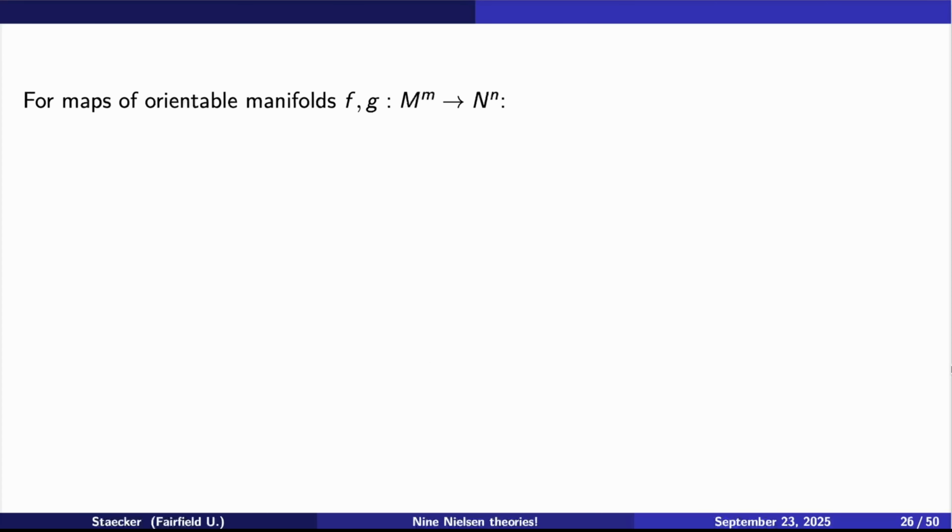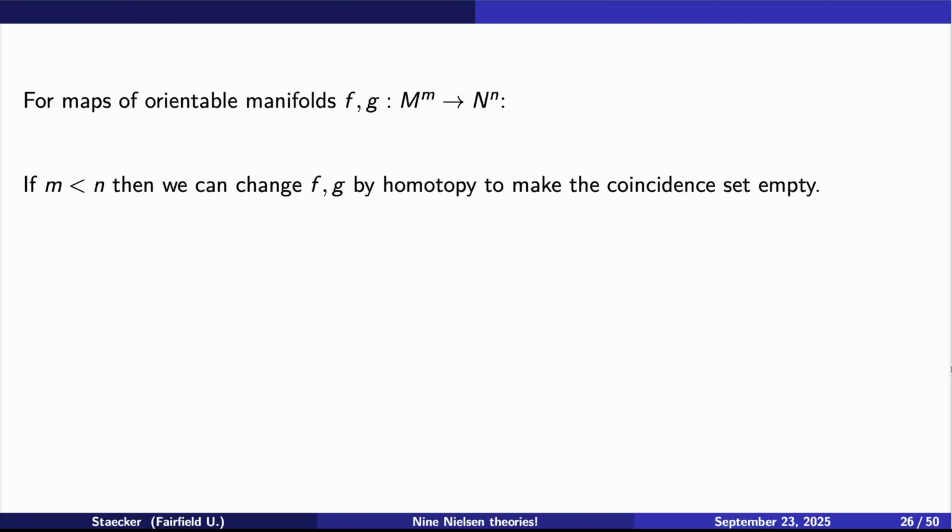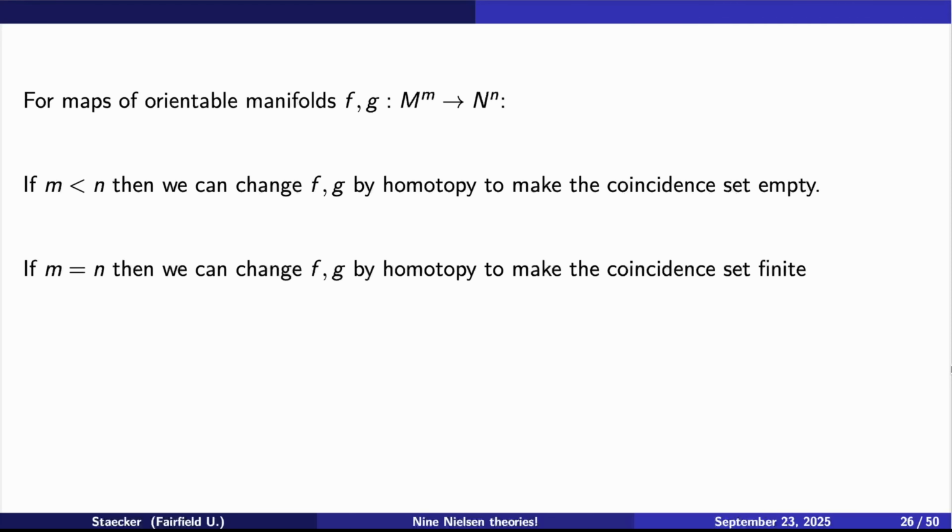Anyway, in general, if we have maps of orientable manifolds, orientability is actually necessary in order to define the index in a consistent way. But if we have some domain dimension and some codomain dimension, if the domain is less, then we can always make the coincidence set empty. This is what I just said. If they're equal, then actually this is very much like fixed point theory. So in that case, we can make the coincidence set into a finite set of points.